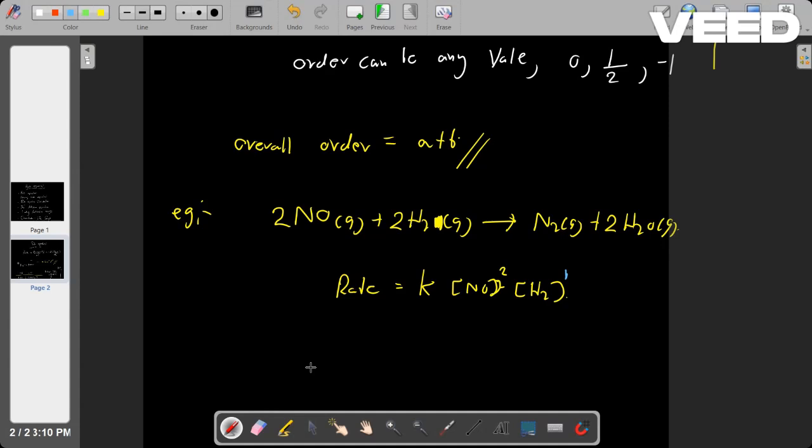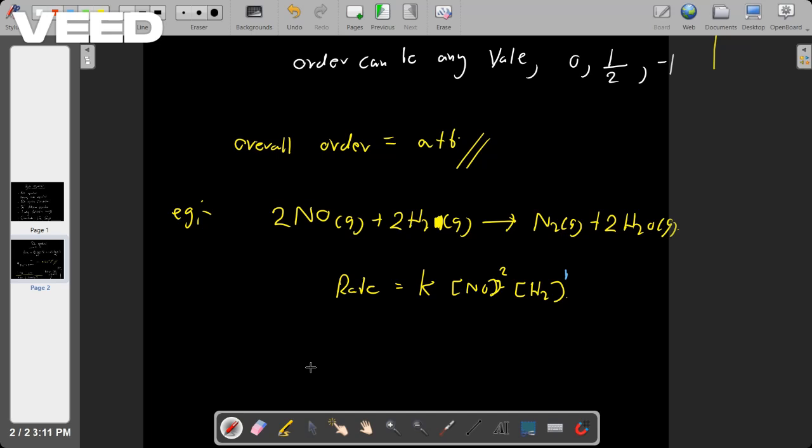So this is the point most of the time students are getting it wrong. No matter how many times we teach the same concept, again and again they are doing it wrong. Why? In some reactions, stoichiometric values are the same as the order, right? So they forget that you cannot decide on the order like that. It is only for a single step reaction. If they have mentioned in the question itself that it is a single step reaction, then only you can make that assumption.